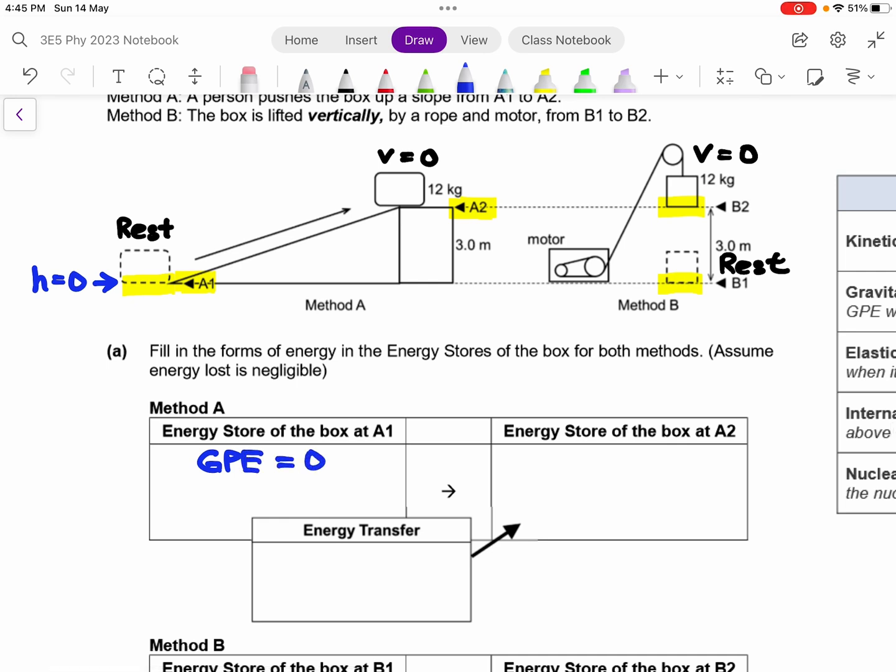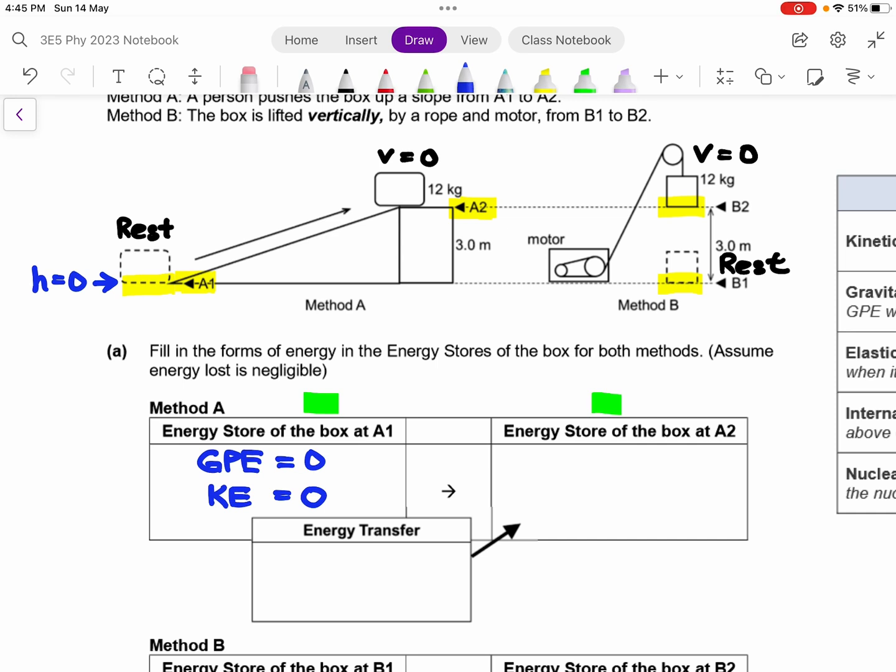Because I'm at h equals 0. At A1, is it moving? I also know that the KE in the energy store is also 0. So you notice that I fill up this box first, followed by this, because those are the easiest boxes to fill.